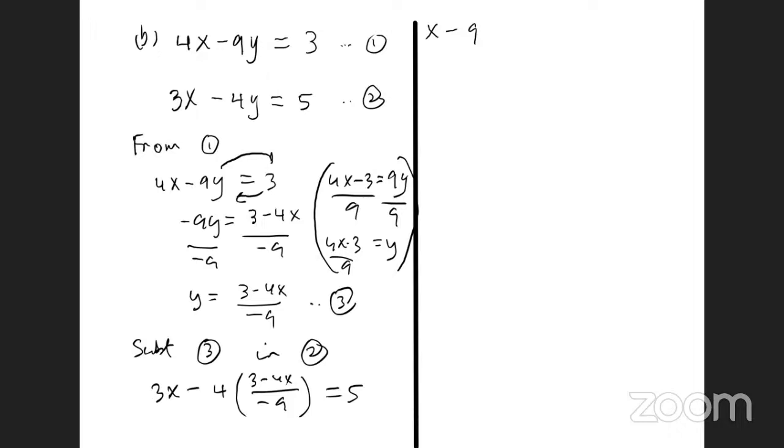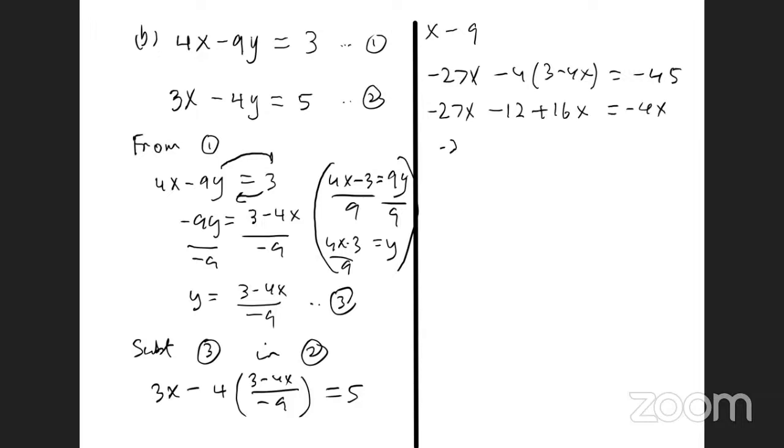Minus 9 by 3x is minus 27x, minus 9 by that next term gives 4 by 3 minus 4x, minus 9 by 5 is minus 45. Then you work like normal. This is minus 27x minus 12 plus 16x is minus 45.